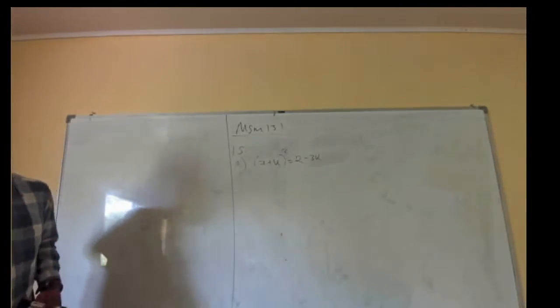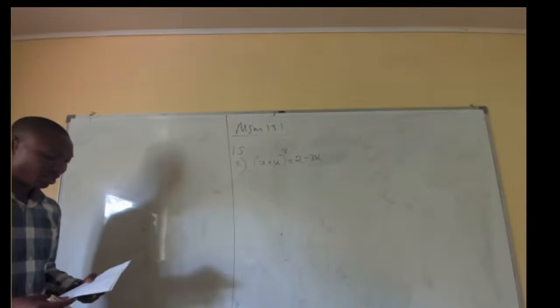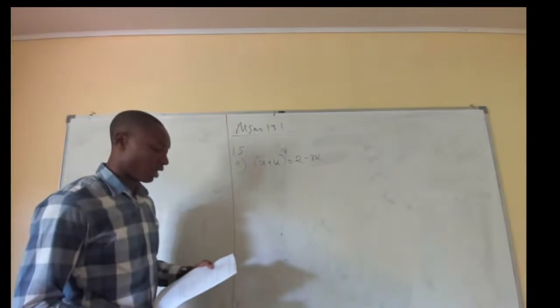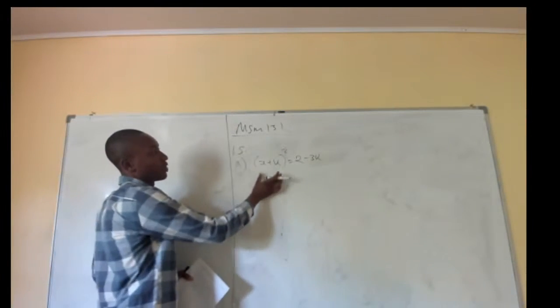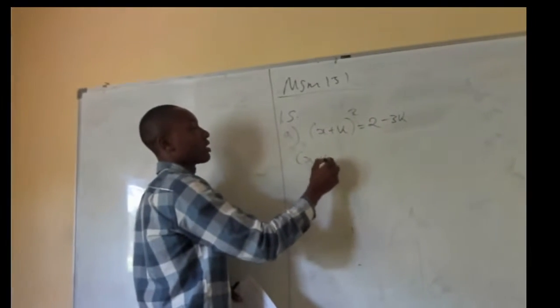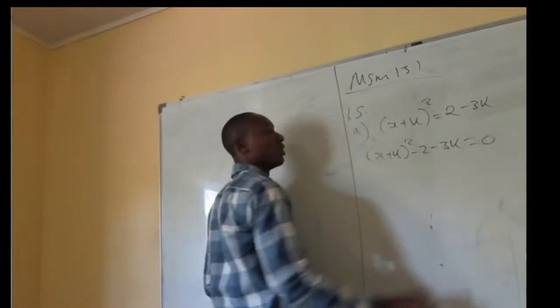We've been told that this particular quadratic equation has equal roots, but I do remember we did this question, maybe because we didn't just solve it. First I'm going to say (x + k) squared minus (2 minus 3k) is equal to 0.